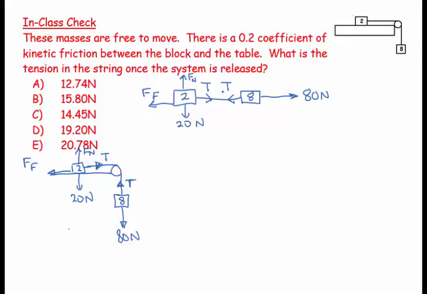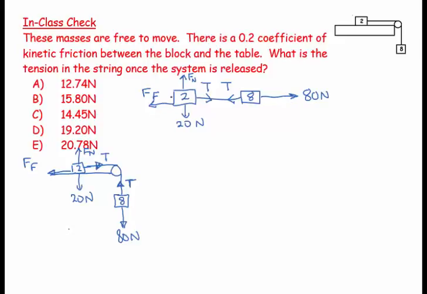And I want to find this tension value. And first question, is this system in equilibrium? And the answer is it is not. It is accelerating. There's not balanced forces. It's free to move.